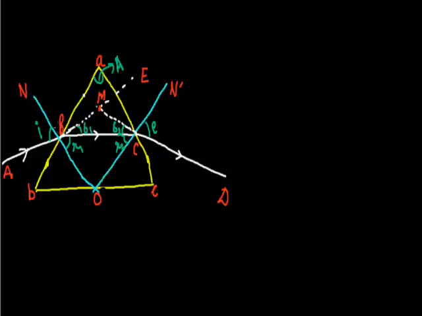The light ray which is incident and the light ray which is refracted, that is BC, is refracting at an angle which we have named R1. Now, if we go further, the ray BC propagates and reaches the second refracting surface, which is AC.